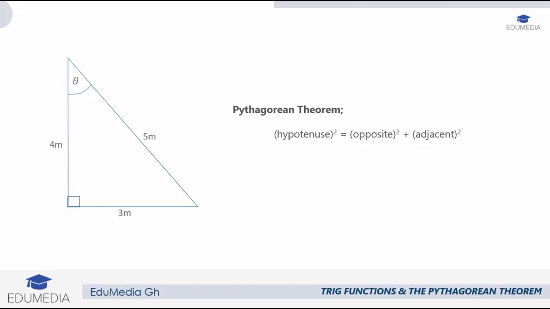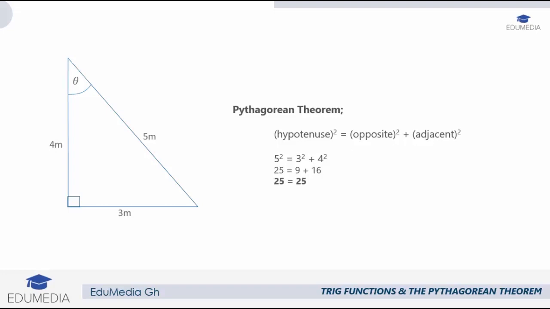So we compute both sides: 5 squared equals 3 squared plus 4 squared, the 3 representing the opposite and the 4 representing the adjacent. Doing the calculation, 25 equals 9 plus 16. So we have 25 on the left and 25 on the right.